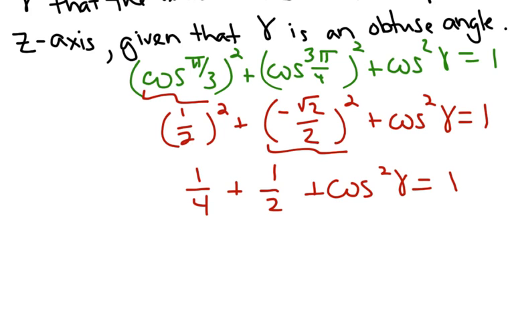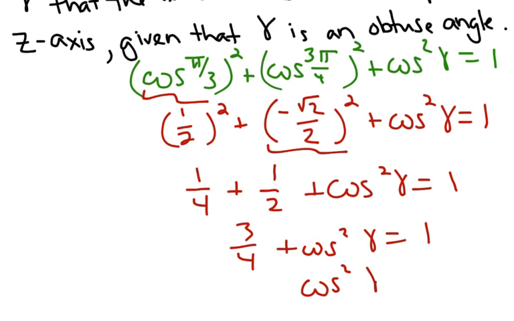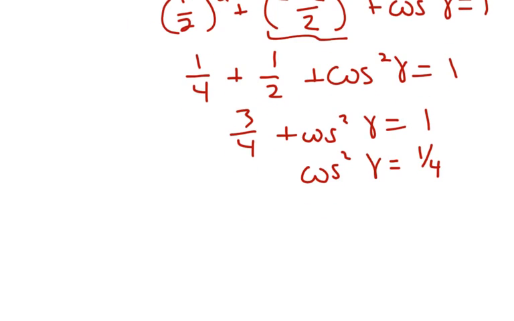One-fourth plus 1/2 is 3/4. I'm going to subtract 3/4 from 1, and I get 1/4. I have to square root this, and the square root of 1/4 is 1/2.